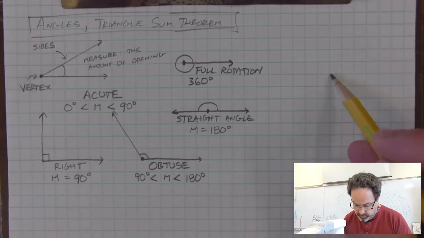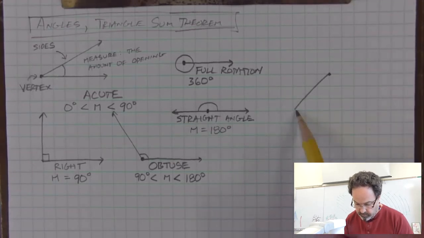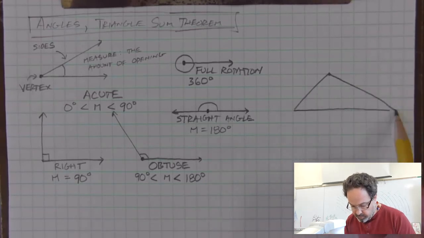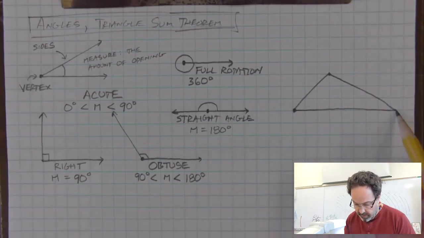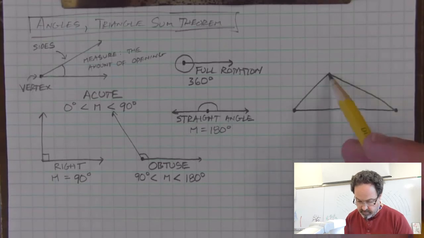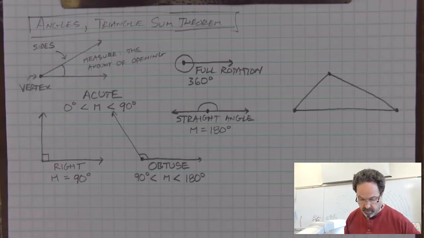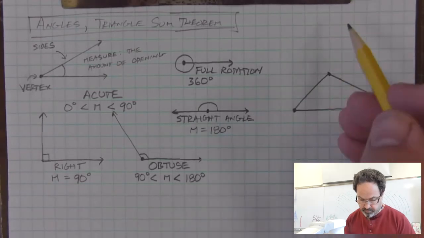Let's draw a triangle. A triangle is a shape. All shapes have angles and sides. A triangle has 3 sides and 3 angles. There's a truth that's been discovered about the angles of a triangle called the triangle sum theorem.